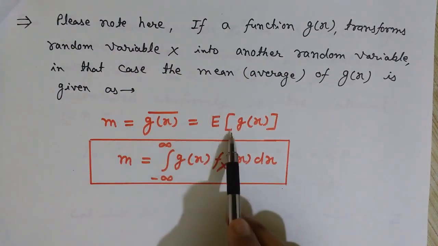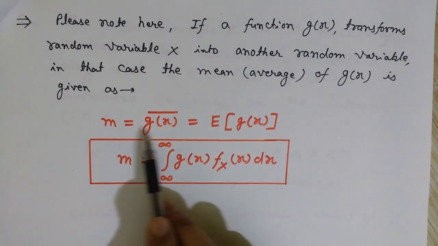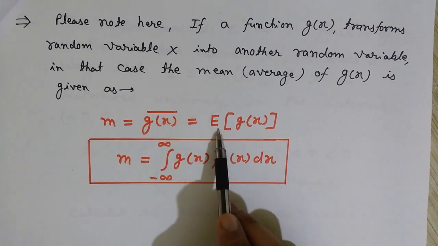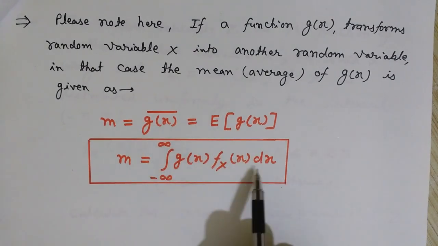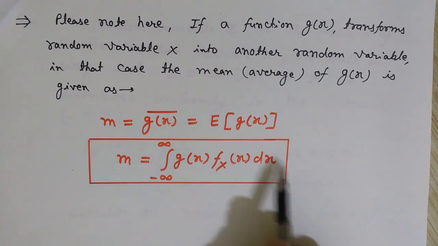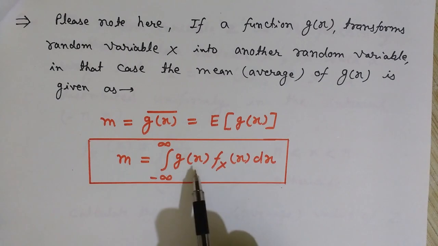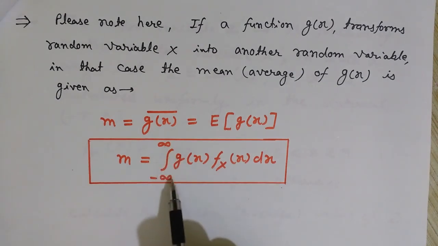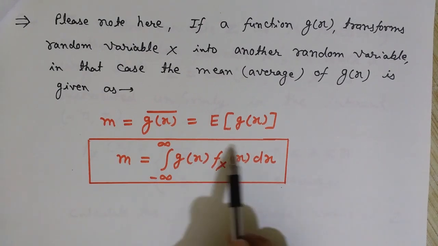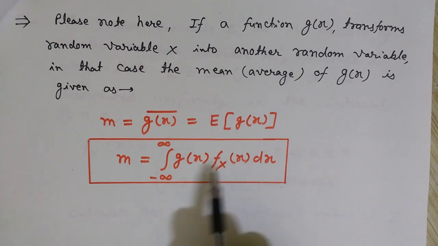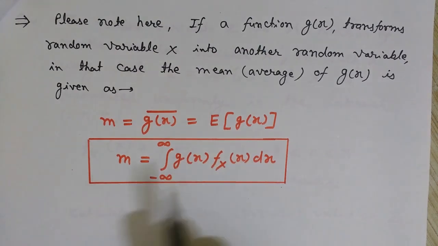The notation for this will be m equals g bar of x, or the expected value of g(x). This is the formula: the integral from minus infinity to infinity of g(x) f(x) dx. Again f(x) is the probability density function, and g(x) is another function.